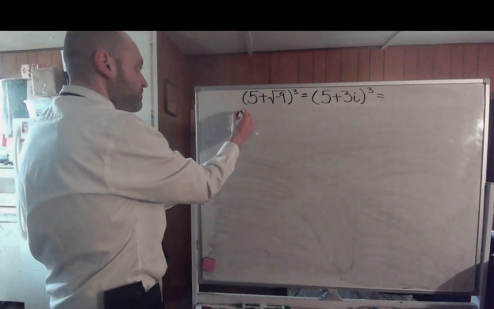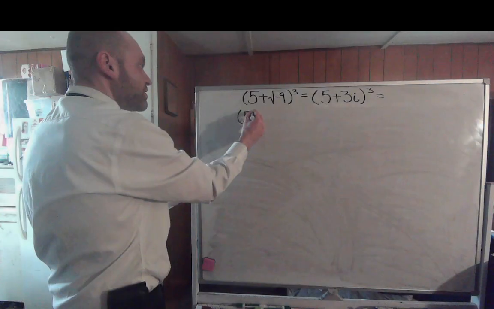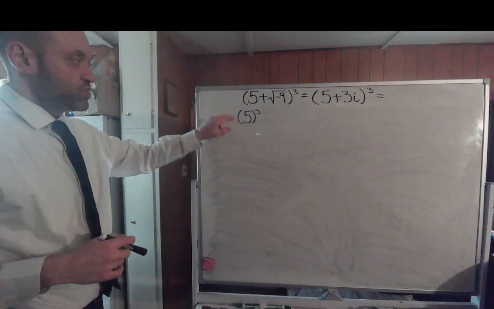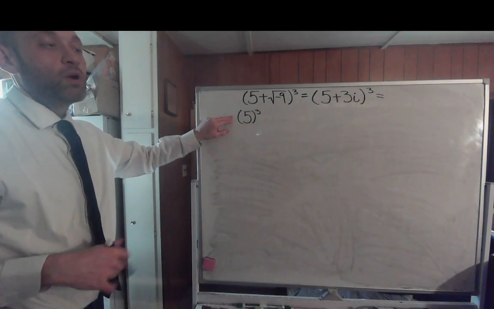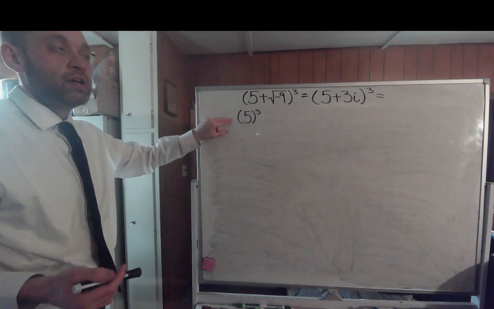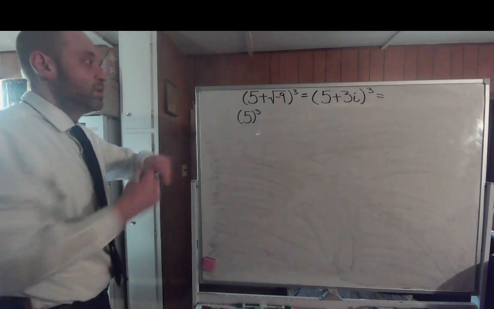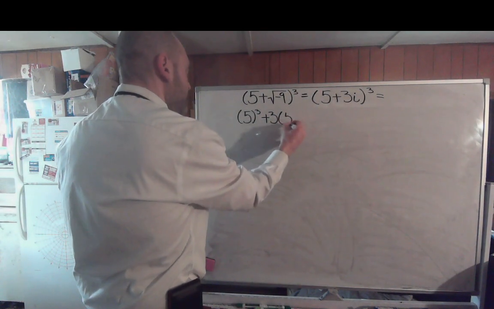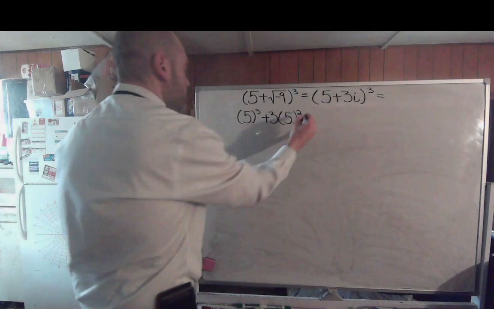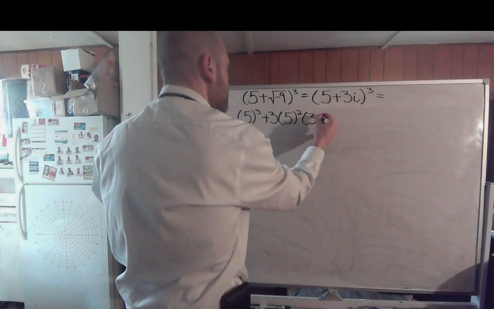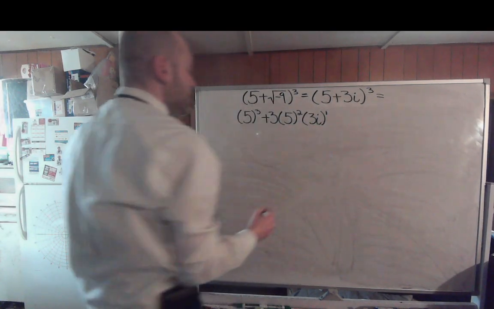So take your 5, raise that to the third power. Now take 3 times the coefficient outside the parentheses of 1. Well, 3 times 1 is 3. Divide by the current term you're on of 1. 3 divided by 1 is 3. So this will be plus 3 times that 5 raised to the second power times your 3i raised to the first.